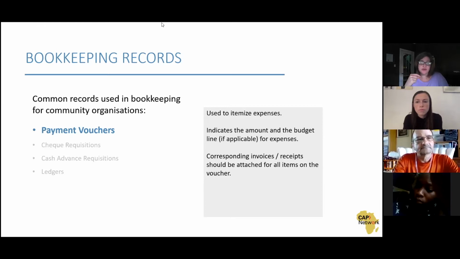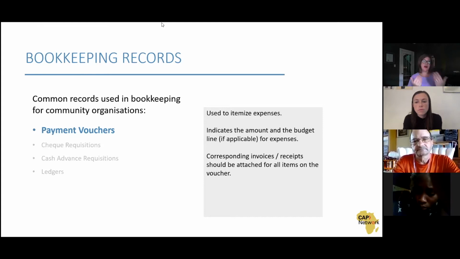So it would usually have line items that show the amount, reference which budget line or project account those funds were coming from, and have attached any corresponding invoices or receipts that show that payment has been made for those items.